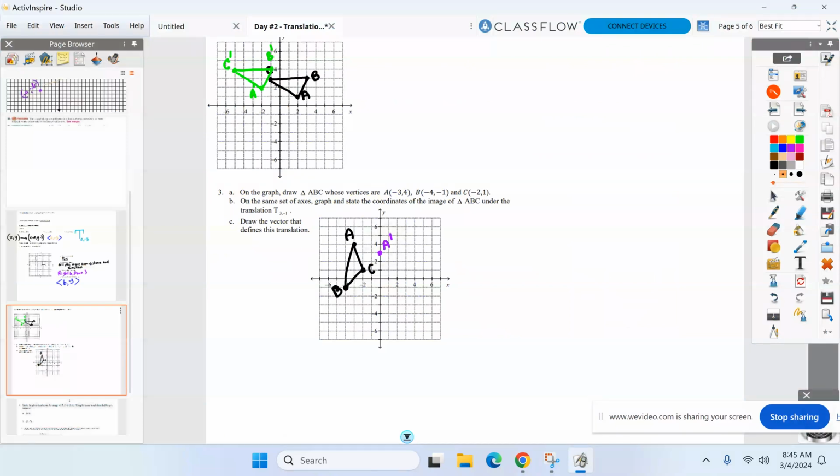And again, I don't see the word state at all, right? Just graph. Oh, it does say state. So we need to make sure we write out what A prime and B prime and C prime are.